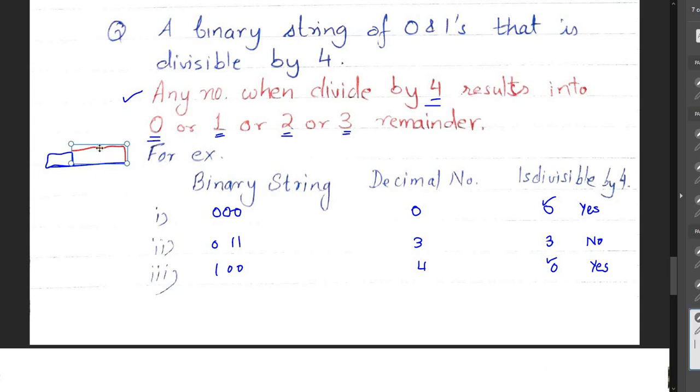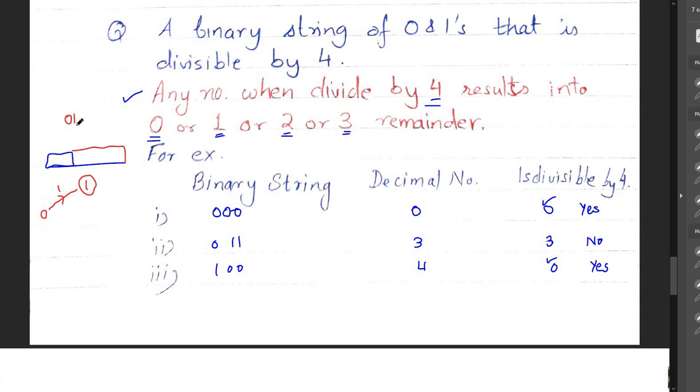When I am processing this part, I want to know what the previous remainder was. Let us suppose the previous remainder is 0. Now if I get a 1, the new number will become 0, 1, which is actually 1. So in the new situation, the remainder will be 1.